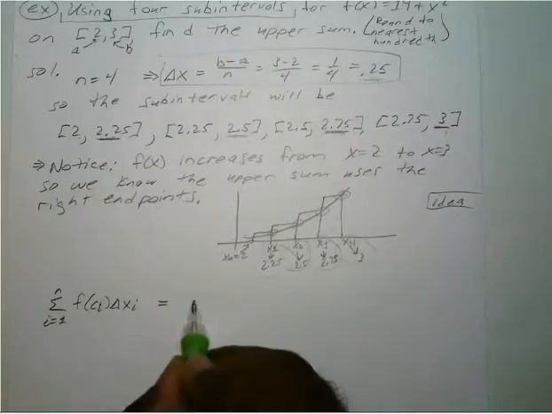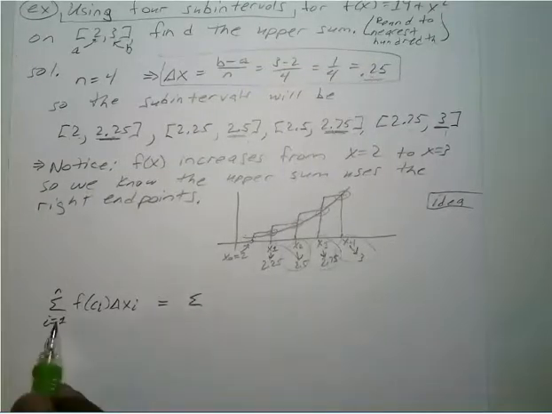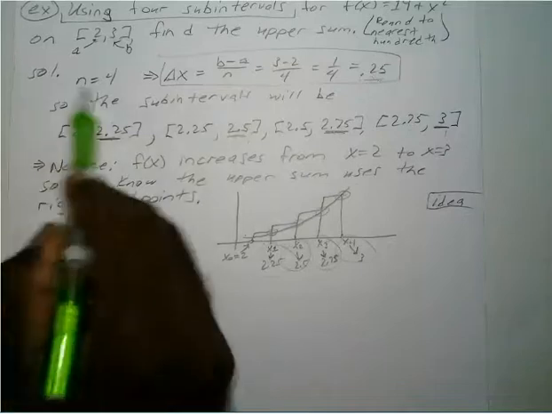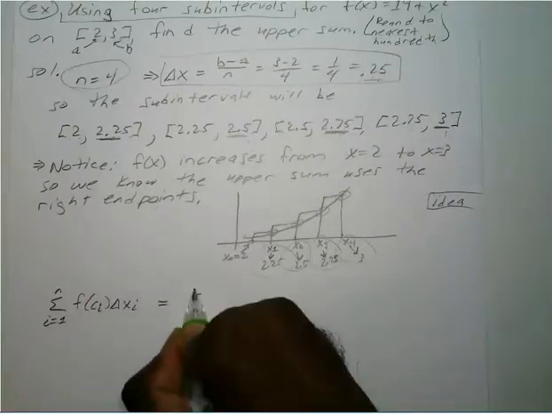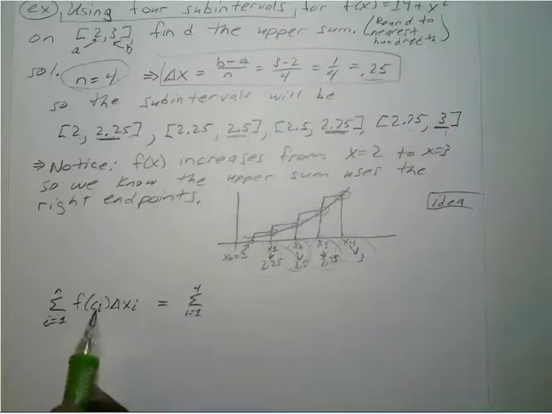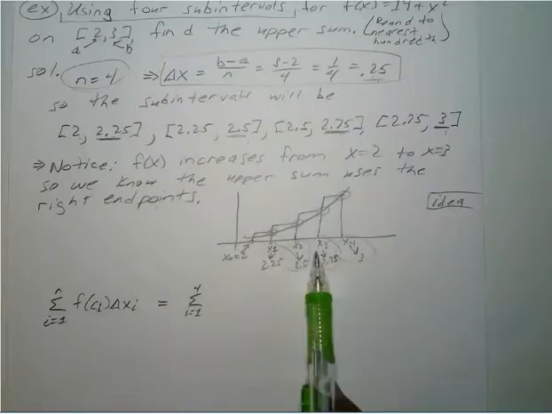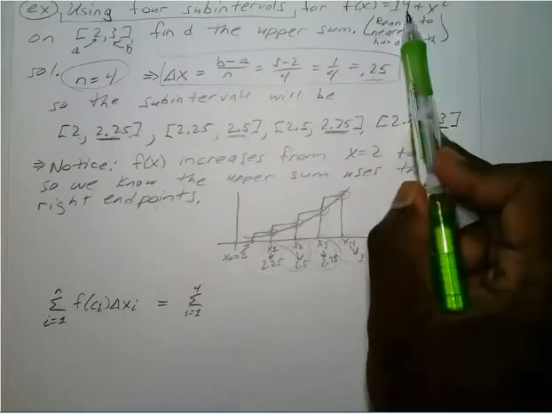Okay, so we know that we're going to go from i equals 1 to n equals 4 because we identified that earlier. So the sum from i equals 1 to 4 of f of c sub i. Now, since we're using x sub i's here, we're going to just have that as x sub i's value.